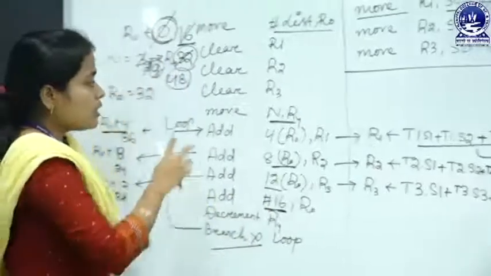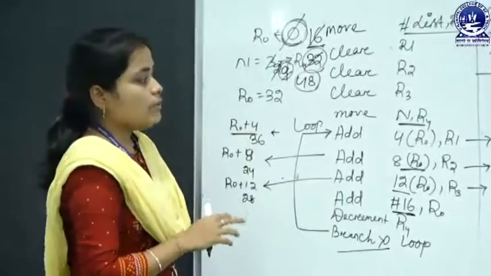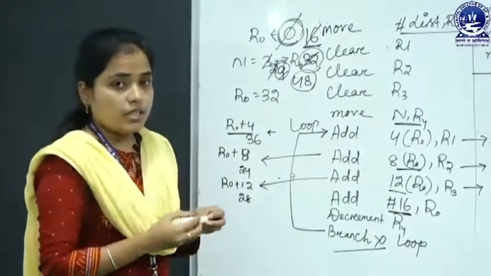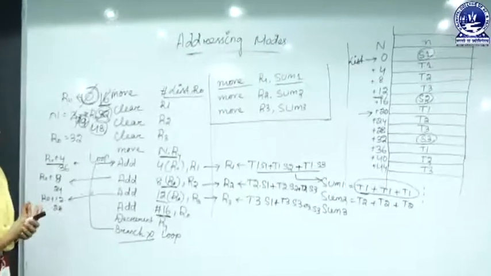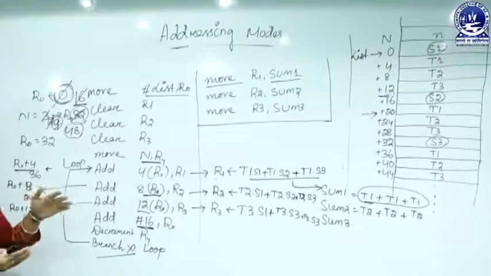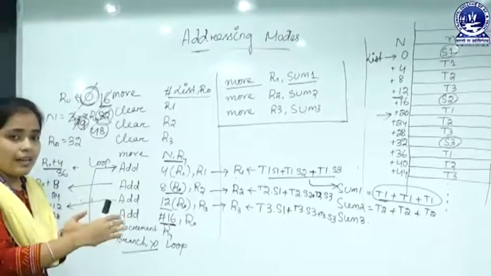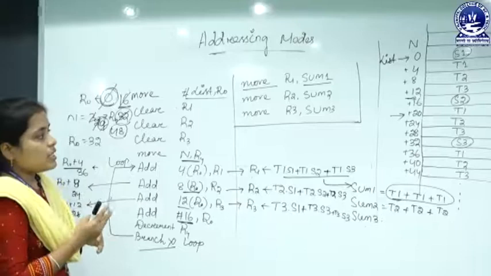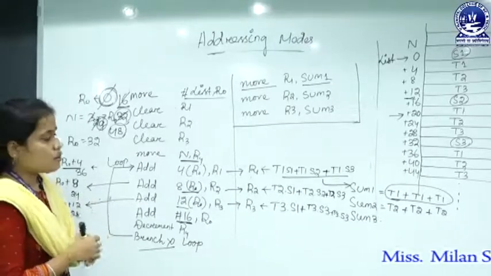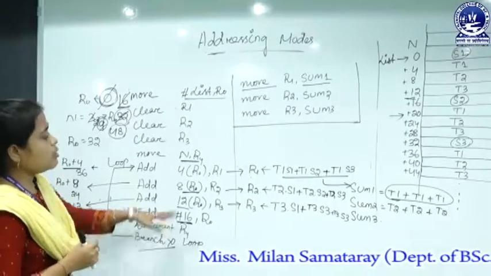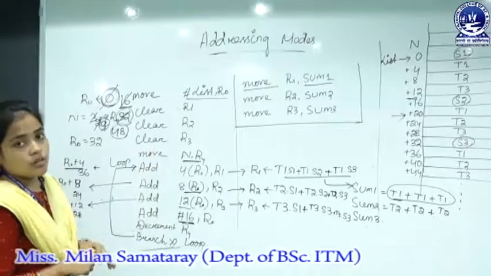So, for this type of concept, when we are using a number of values in a list format, or we store a number of values in an array, or you can say in a matrix format also, we will use this index addressing mode. Okay.